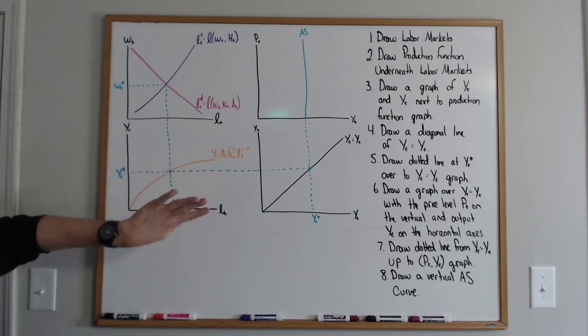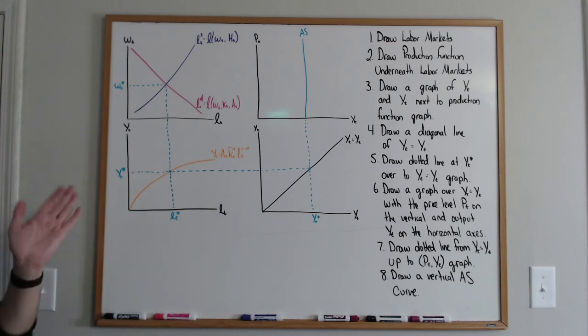So we just translate it, rotate it 90 degrees, put it on the horizontal axis, and draw a dotted line up until we get to price and output space, where we draw a vertical aggregate supply curve.